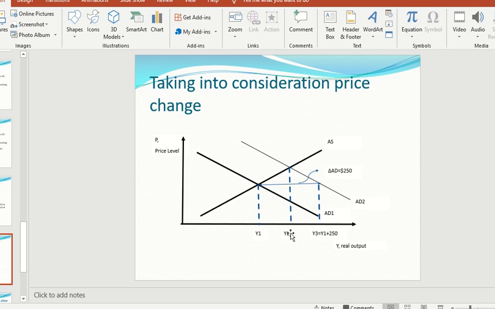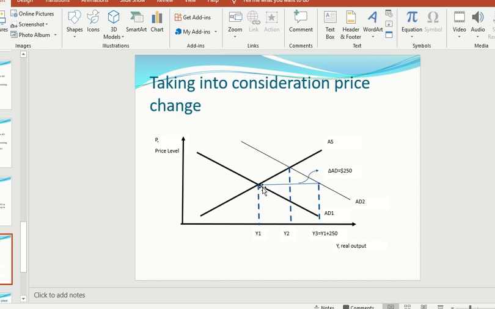What the spending multiplier tells us is this horizontal distance here. Because spending multiplier assumes that the price level is constant. So that means all we know is that equilibrium output increases, but we don't know how much.